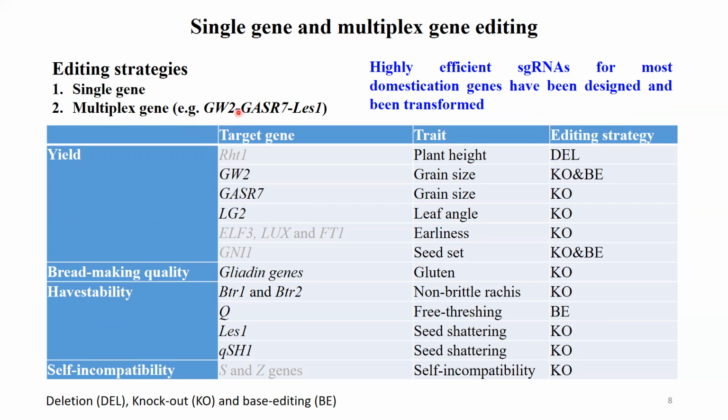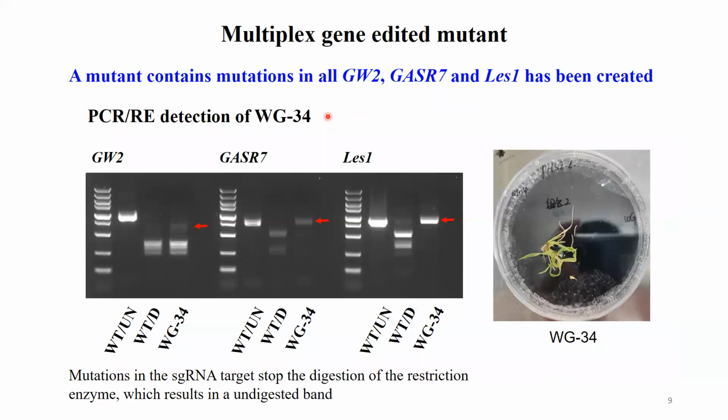For example, we combine sgRNAs of GW2, GASA7, and LAS1 in a single vector. Then we transform this vector into wheatgrass. If we are lucky, we will get a mutant in which all three genes are mutated.